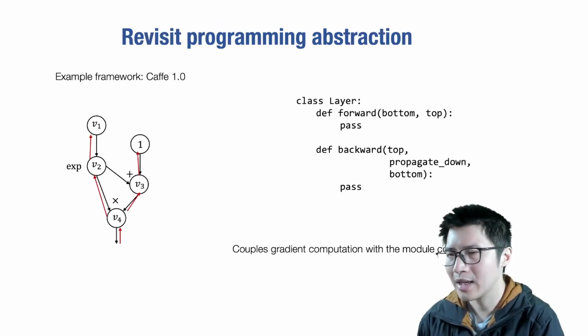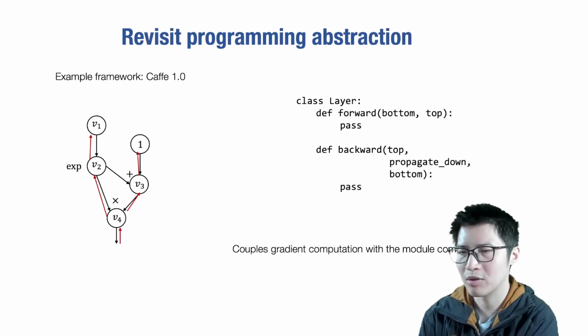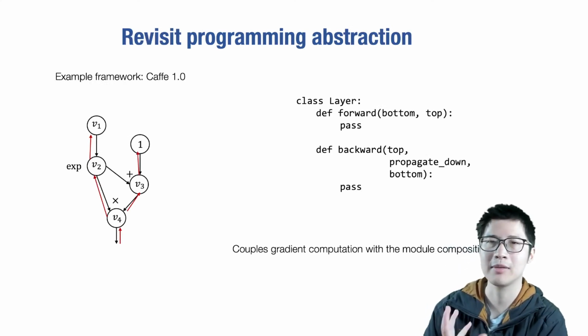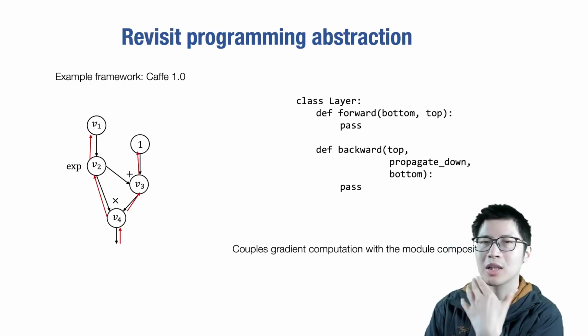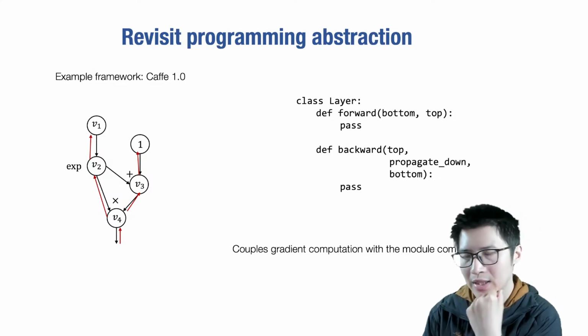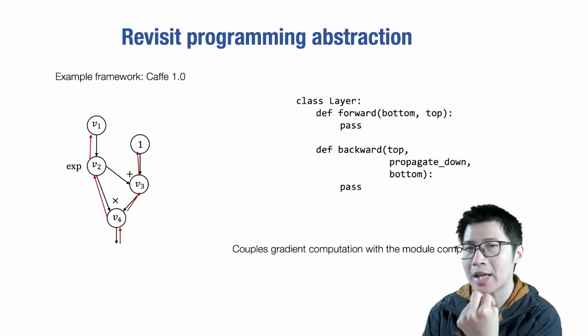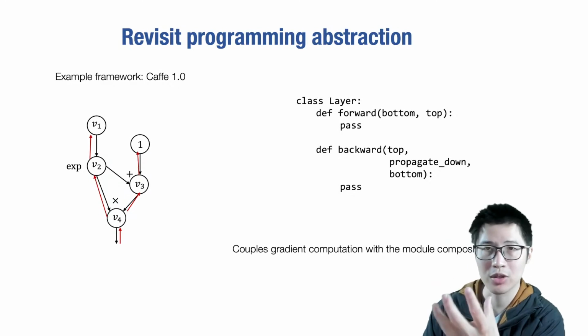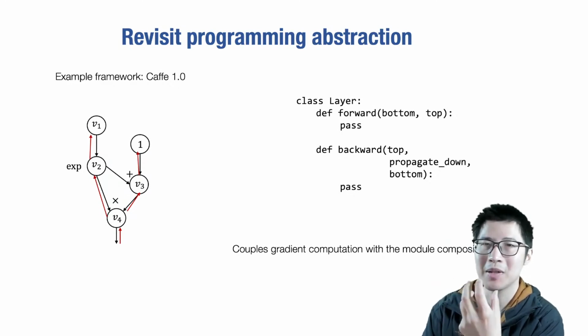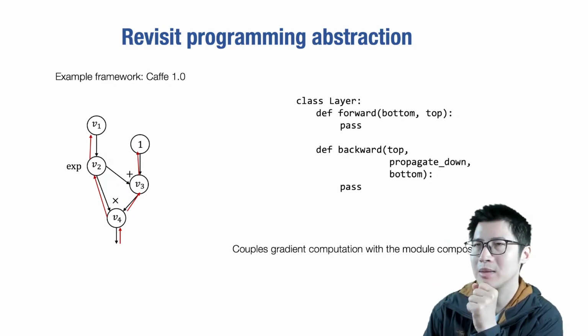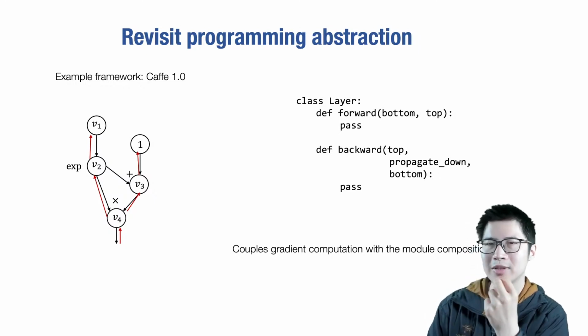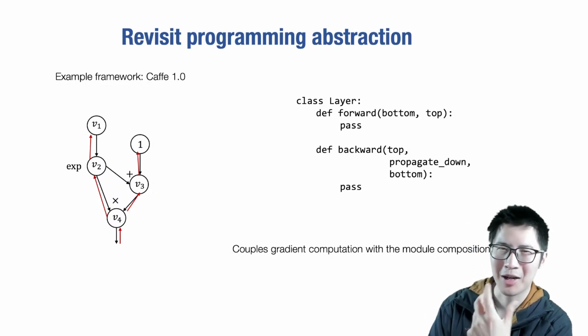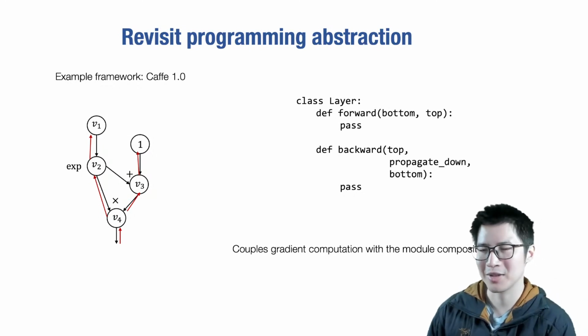So in the end, I want to come back and revisit the programming abstraction. Now we have talked about the modular components and how we can use different kinds of modules to compose deep learning acceleration. Let's revisit the abstraction again, and really think about and appreciate how this kind of layer-wise composition helps.